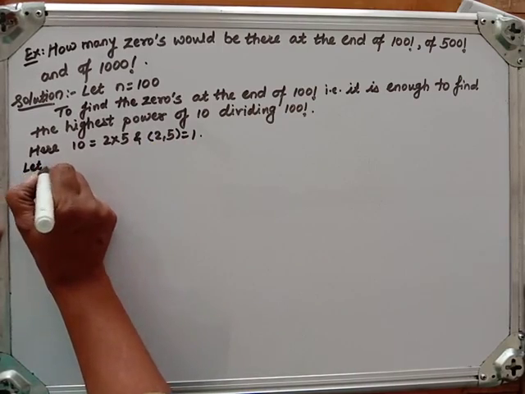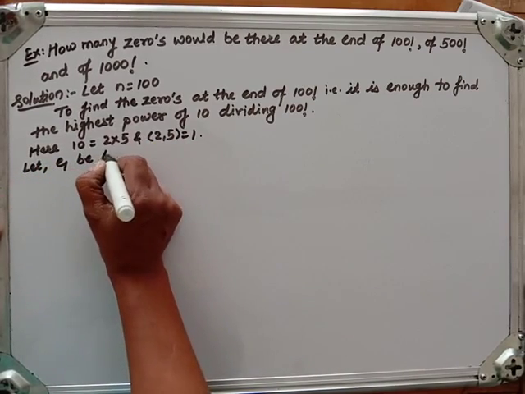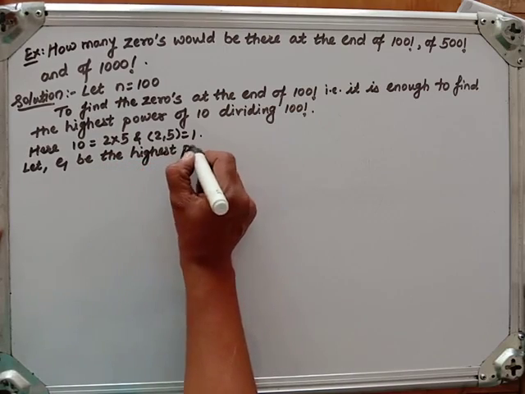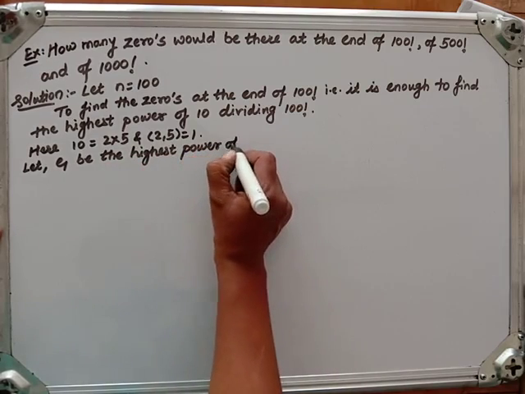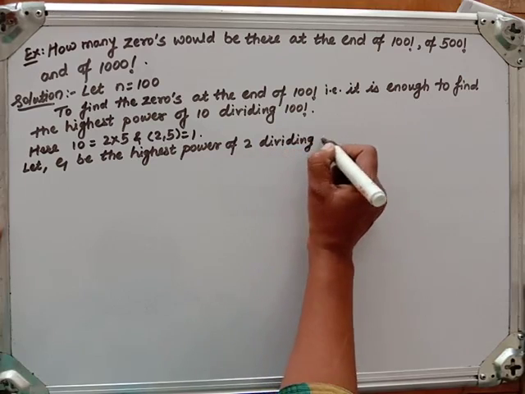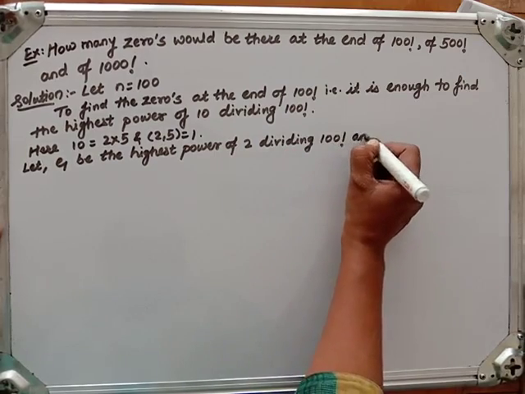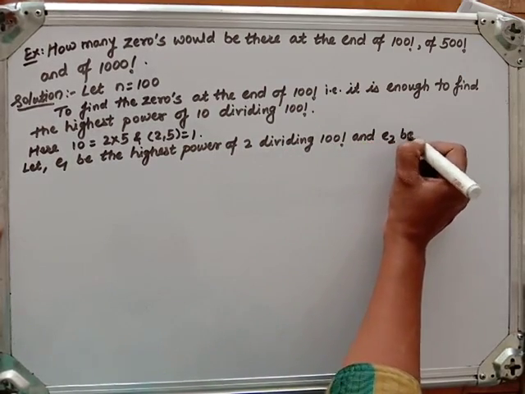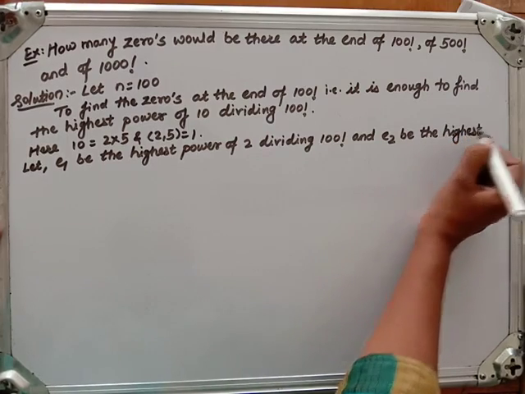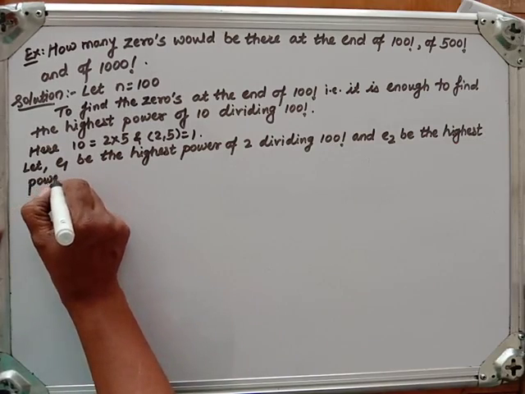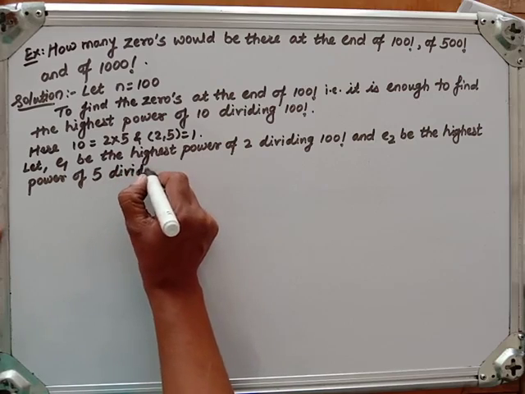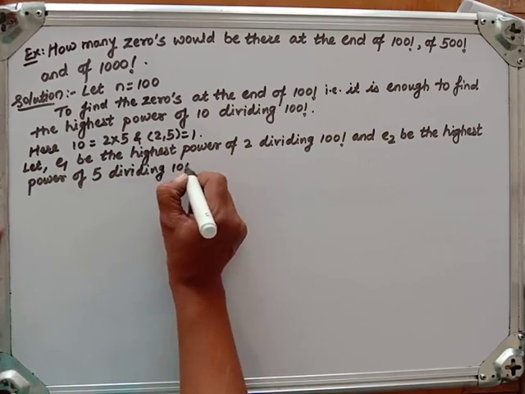Let E1 be the highest power of 2 dividing 100 factorial and E2 be the highest power of 5 dividing 100 factorial.